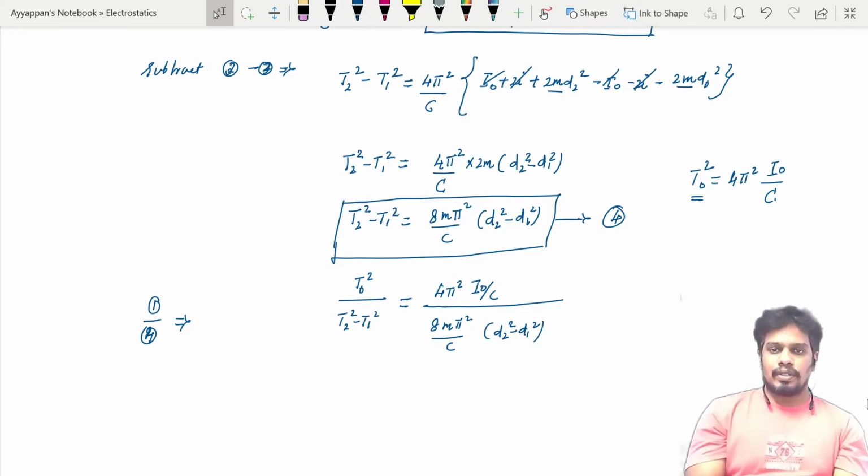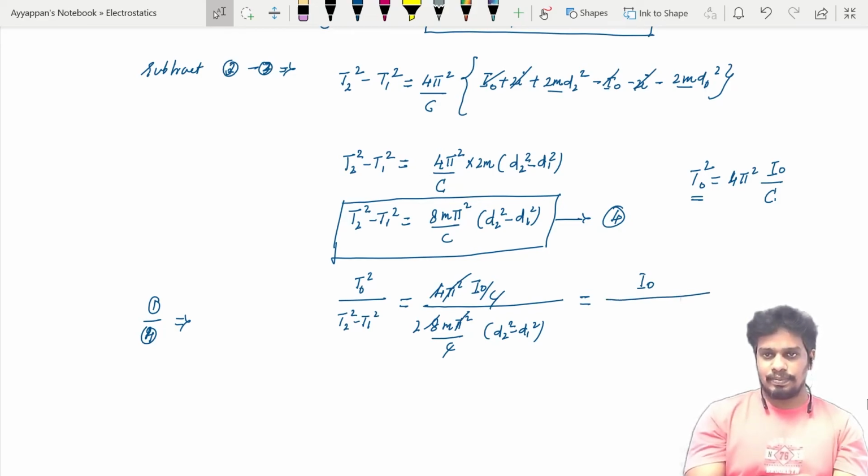Now you can cancel this pi square, pi square. 1 4s are 4, 2 4s are 8, so 4 over 8 gives 2. C you can cancel. The remaining terms: in the numerator you have only I naught, and in the denominator you have 2m times d2 square minus d1 square.